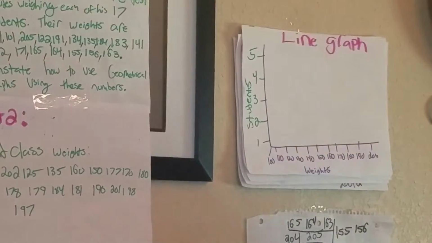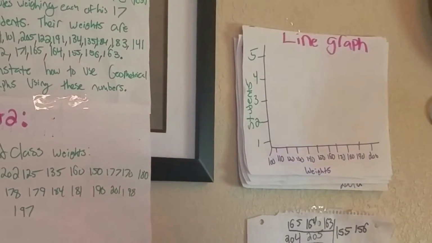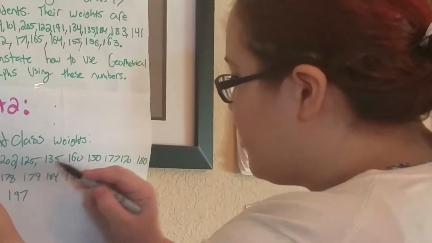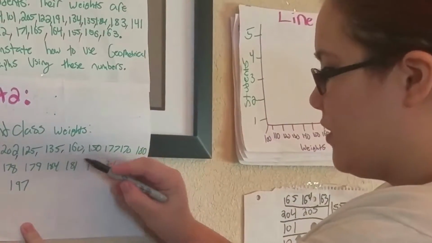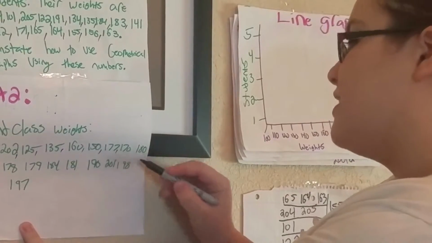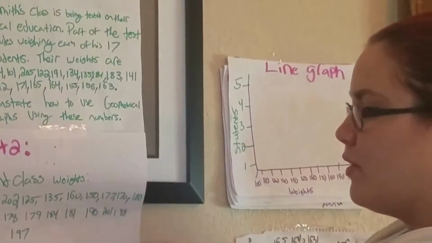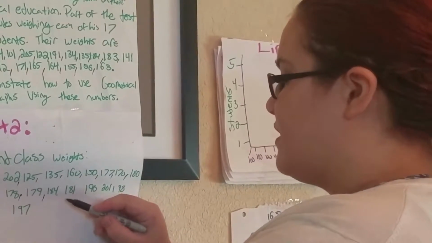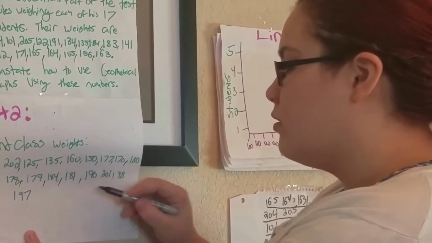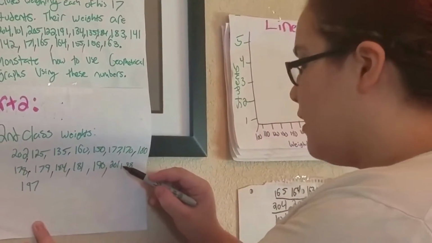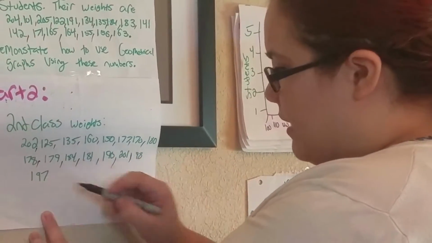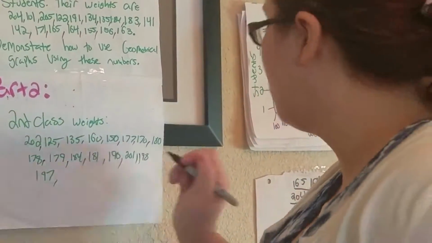So we're going to introduce the second class of weights: 200, 125, 135, 160, 150, 177, 170, 180, 178, 179, 184, 181, 190, 201, 198, and 197.